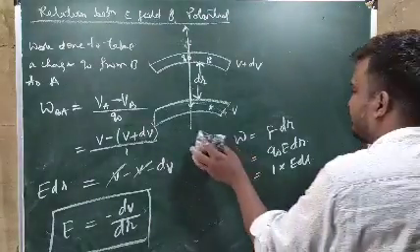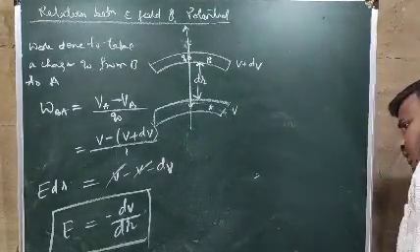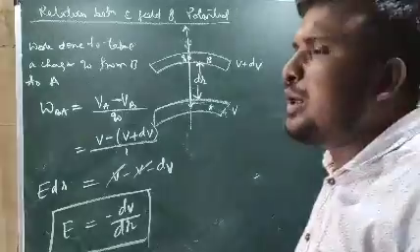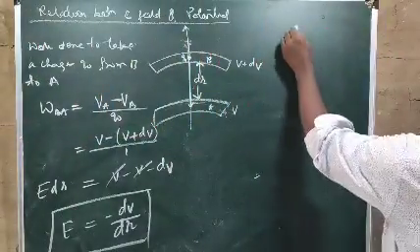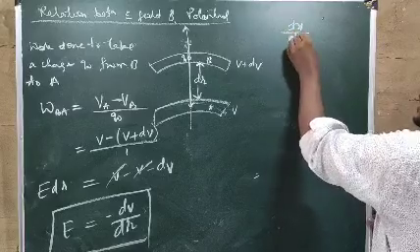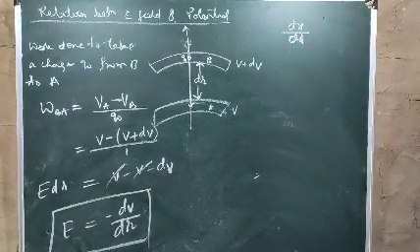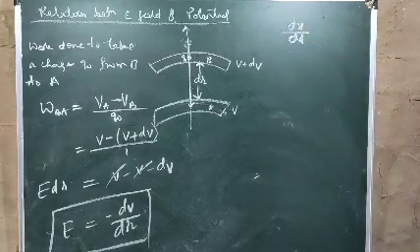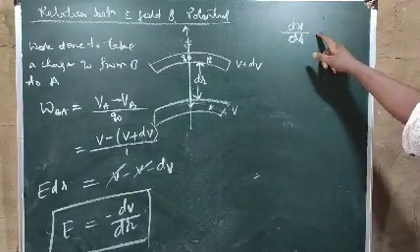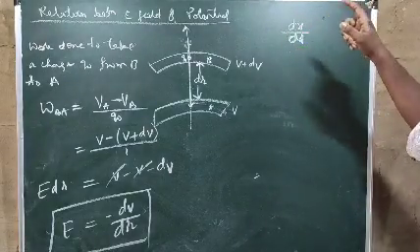Now what does it mean? See, if I write dx by dt, what does it tell? It tells that distance is increasing with respect to time. This is called rate of change of distance.